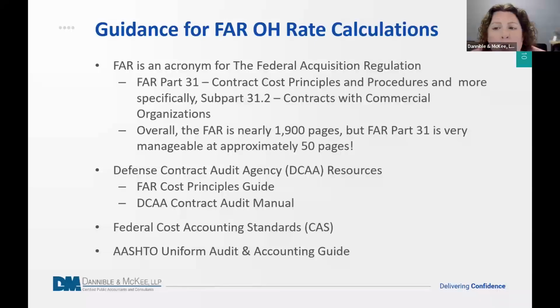But that FAR Part 31 is only 50 pages long, very manageable. So it's definitely something that, whether you're a principal or whether you're the CFO or controller, all of you should read and understand. That's really the guidance that you're following as part of this FAR audit.